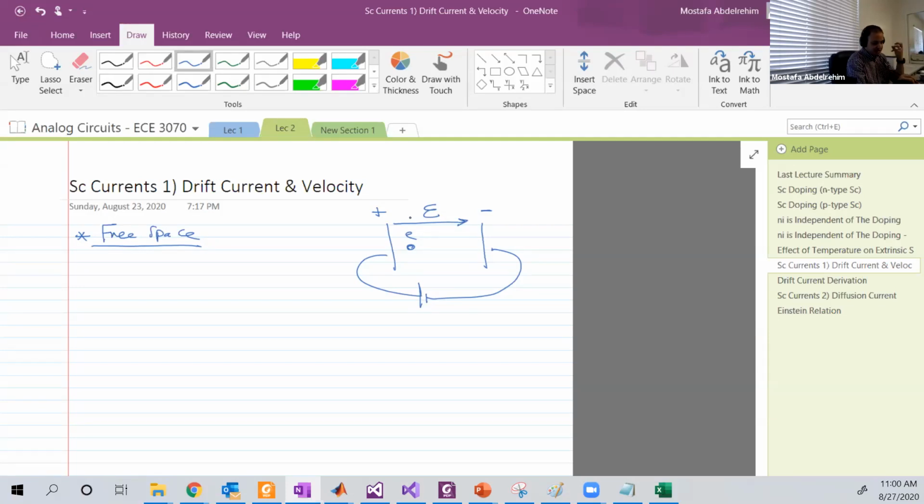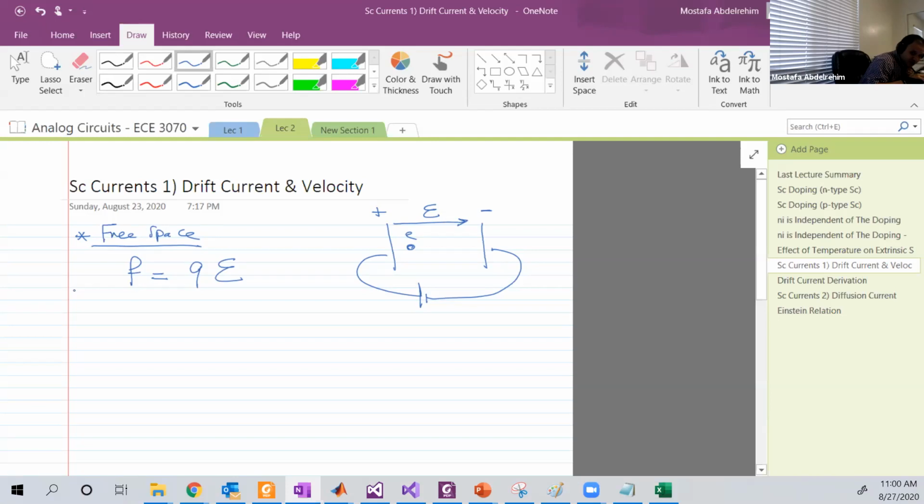It's a fact that if you have an electron in an electric field, or surrounded by an electric field, this electric field will exert a force on that electron. So there will be a force equal to the charge of the particle, here it's the electron, multiplied by the electric field.